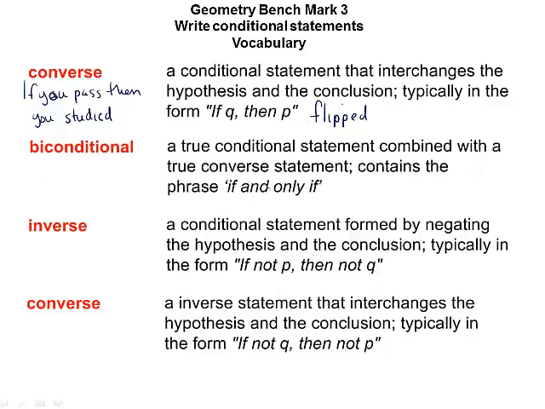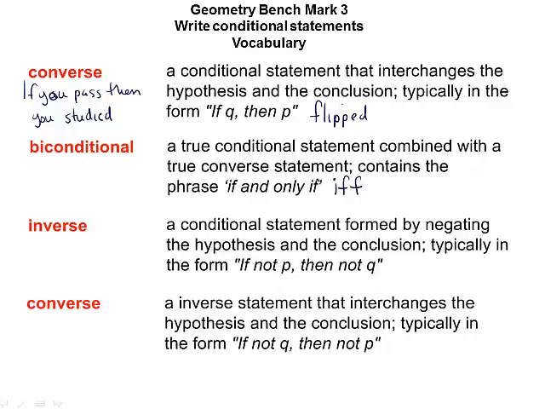A biconditional is a statement where you have a true conditional and a true converse, so you can flip it around and they're both true. You can write the phrase as one sentence using if and only if instead of if-then. And in math, if you write an if with two F's, it stands for if and only if.